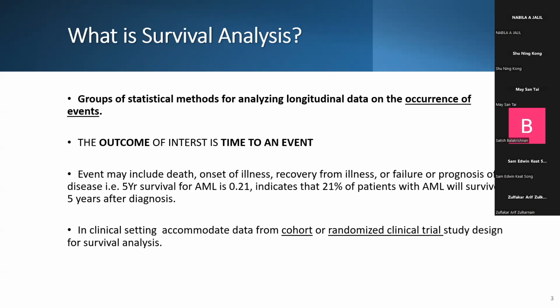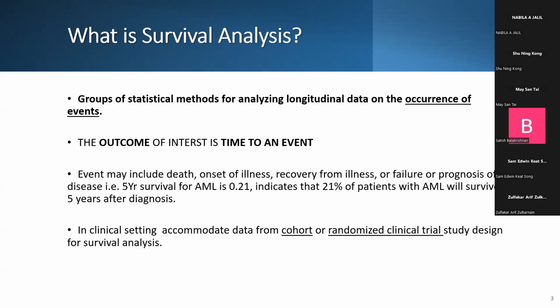Retrospective means you already have a database or registry, then you can retrieve all the data from that registry and run a survival analysis to see how long your patients can live, and in 5 years' time, how many can live under your treatment. That we call occurrence of event.